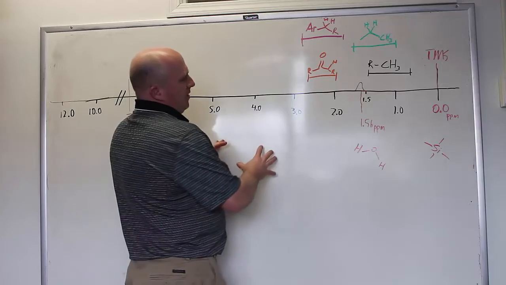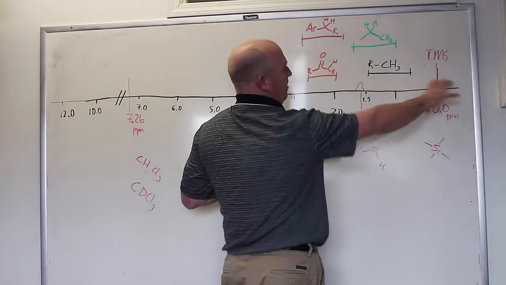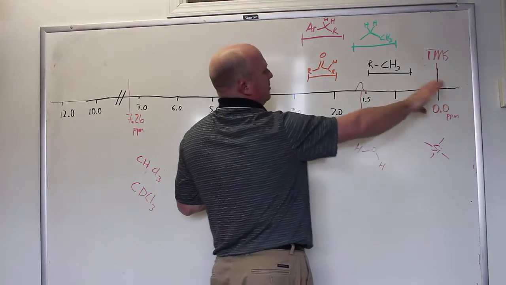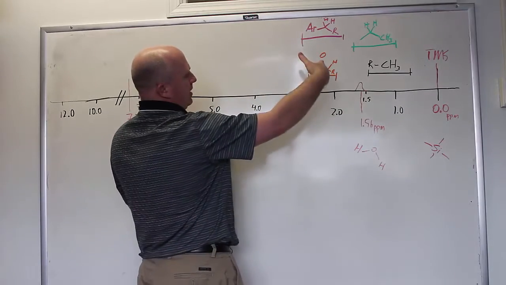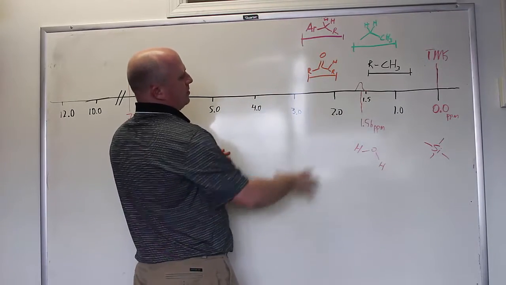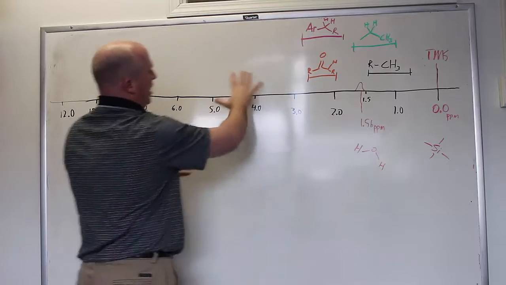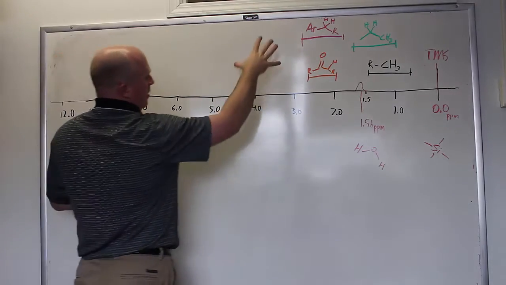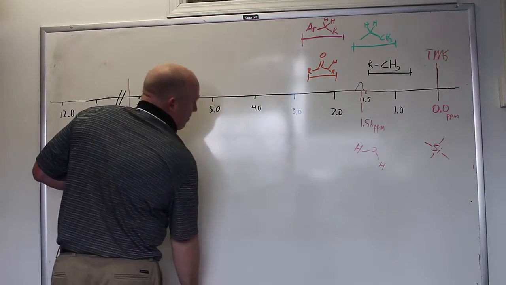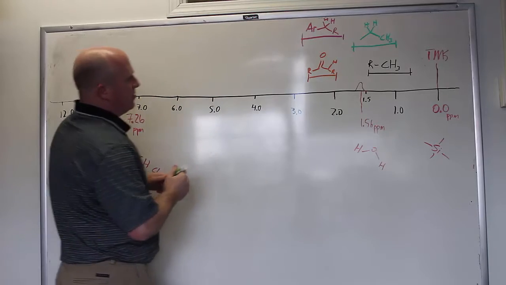So one thing I'll point out now is if you are further away from interesting functional groups, you tend to be toward the right. If you are bound next to interesting functional groups, you tend to be moving a little bit further left. And you'll see that as we go. The next area is one where we have several functional groups of interest.